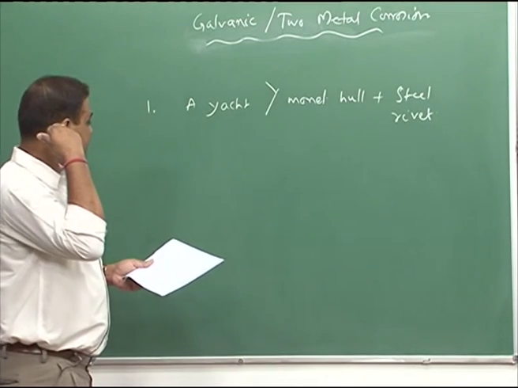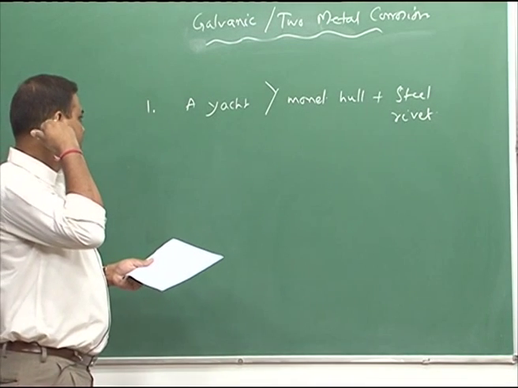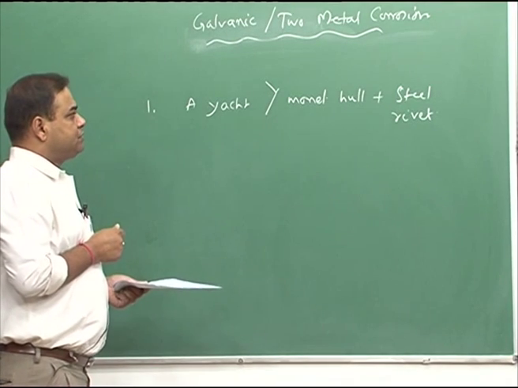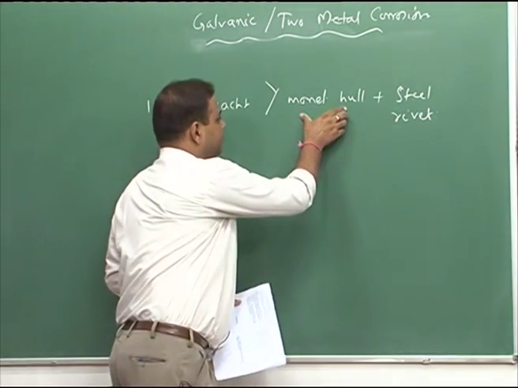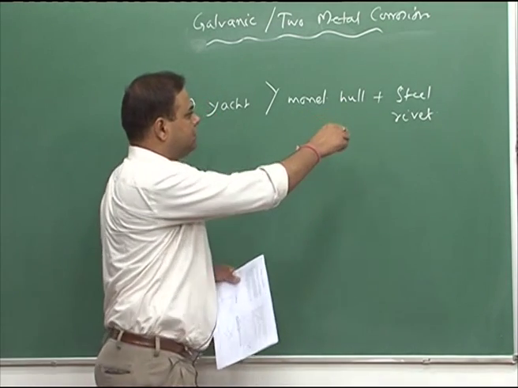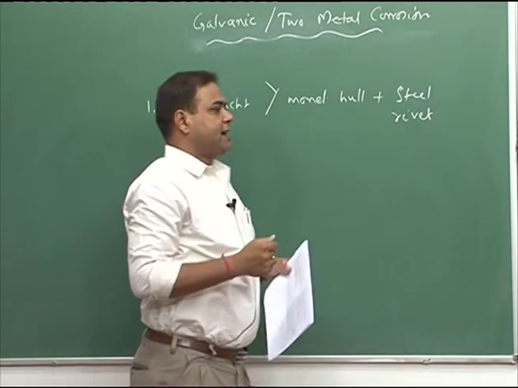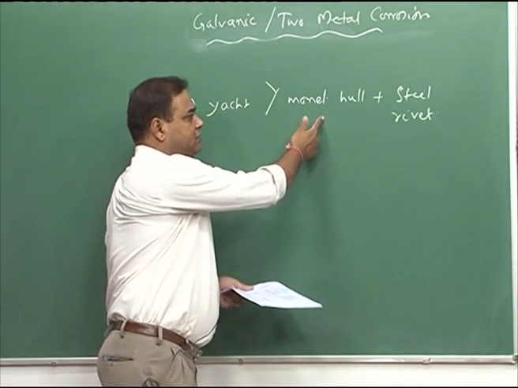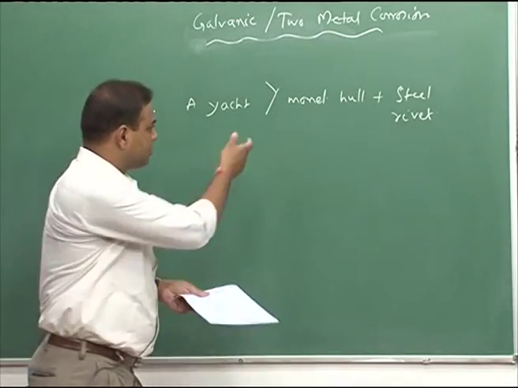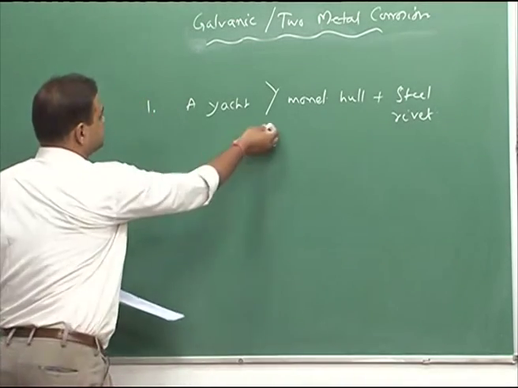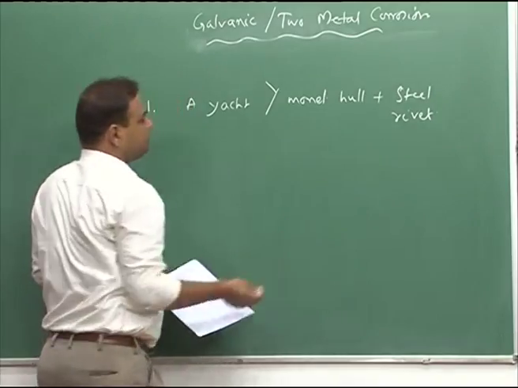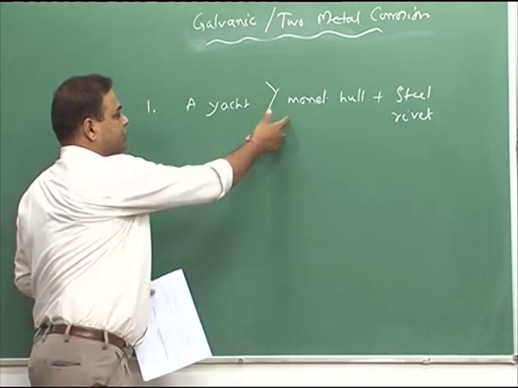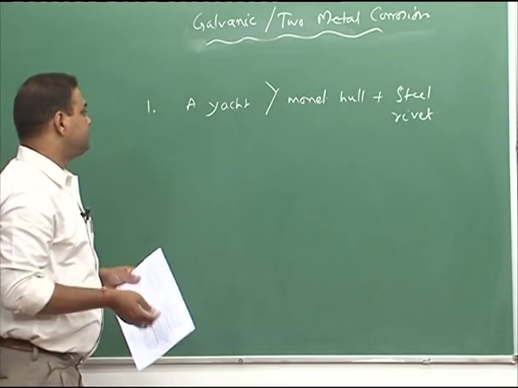If you have a monel hull and steel rivet, the monel hull can lose its structure and cannot operate for a longer period, since the monel hull will be cathodic and the steel rivet would be anodic, and one particular issue governing there is the area factor. We will talk about that area factor. This is a major problem. The steel rivet cannot give strength to the monel hull for a longer period, it will lose strength.